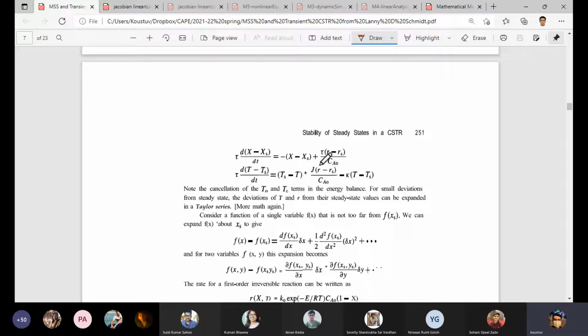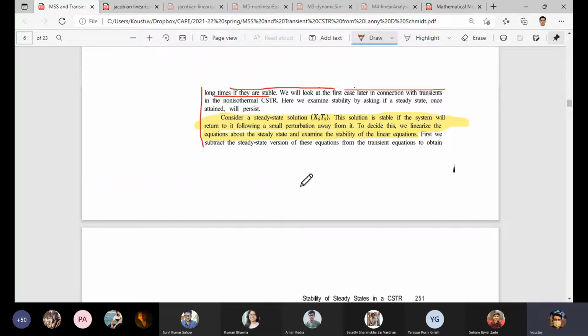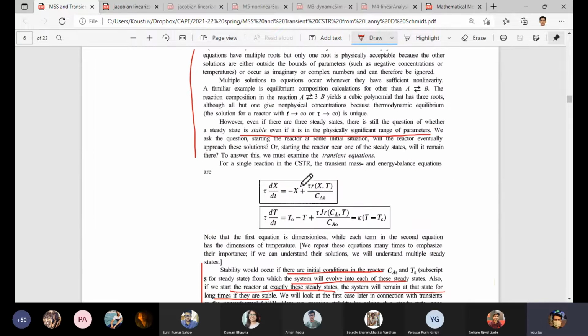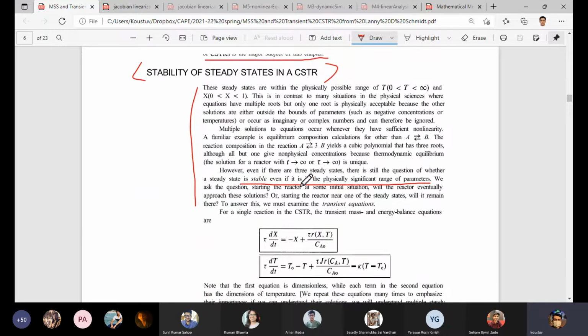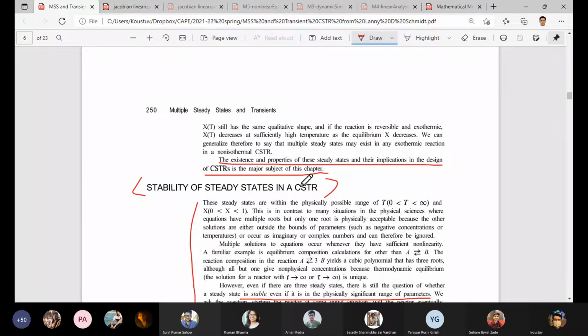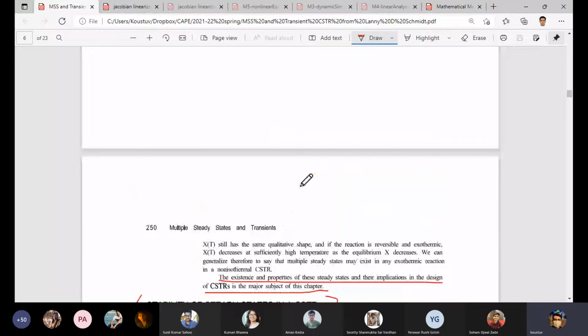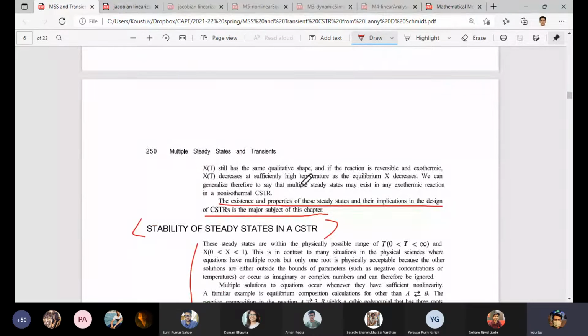Sometimes if we want to characterize them, if we want to find out the steady state values, then this sort of equations comes. So first, I will elaborate more on why this has occurred, because we have seen that in the last week.